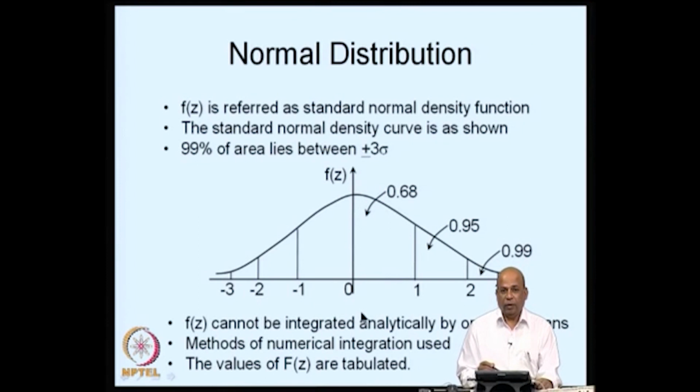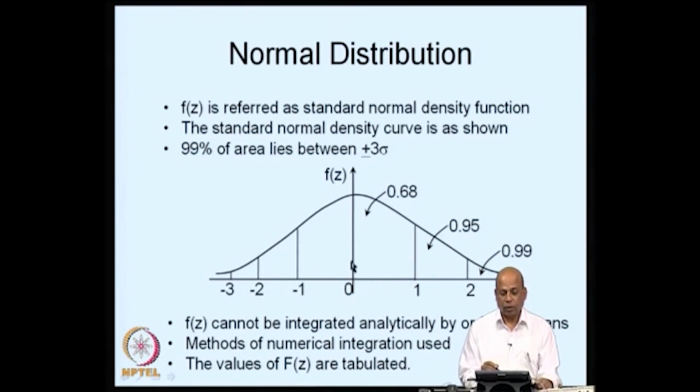Then another interesting property here is that if you take one standard deviation on either side, the standard deviation of z is 1. Therefore, if you take one standard deviation here and one standard deviation here, the area contained within that is about 68%. About 68% of the PDF is contained in one standard deviation around the mean, which is 0.